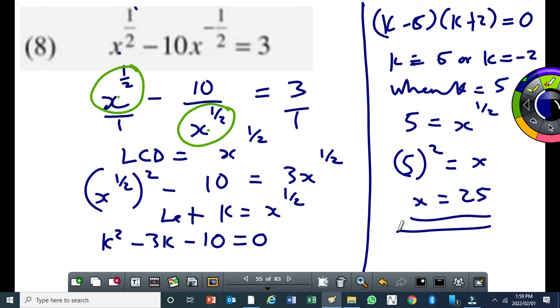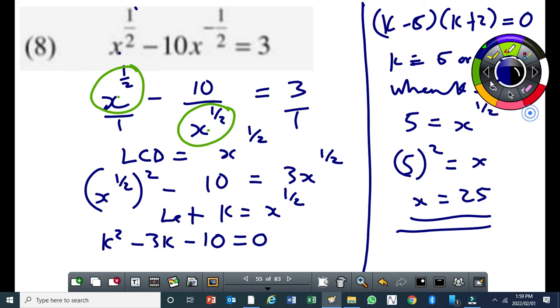Square what? This one here. Look, if our LCD is x to the power of a half, if I want to eliminate this denominator here, it means I have to multiply every term by x to the power of a half. So I'll multiply this x to the power of a half by x to the power of a half.